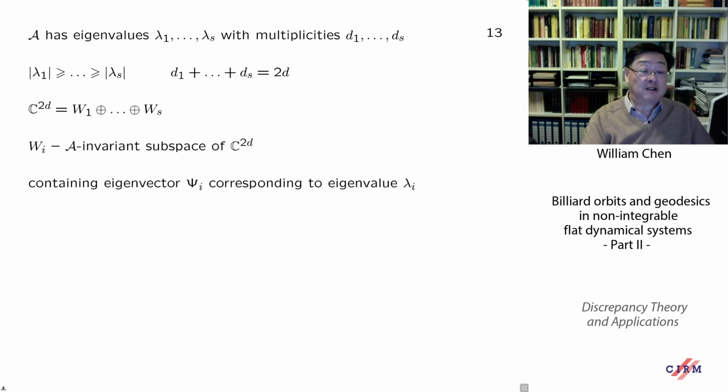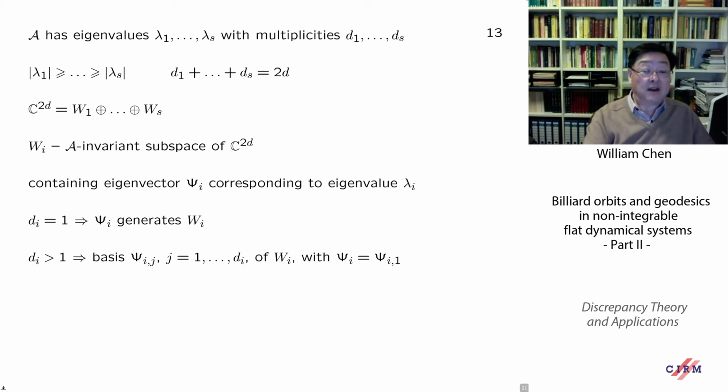And this can be written as a direct sum of A invariant subspaces of C to the 2D. And these invariant subspaces Wi would each contain an eigenvector psi i corresponding to the eigenvalue lambda i. Suppose that di is equal to 1, then clearly psi i generates the whole of Wi.